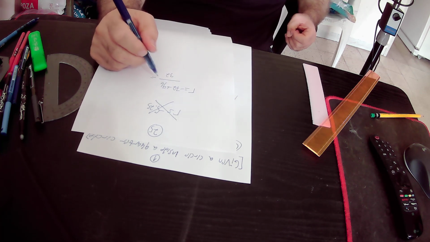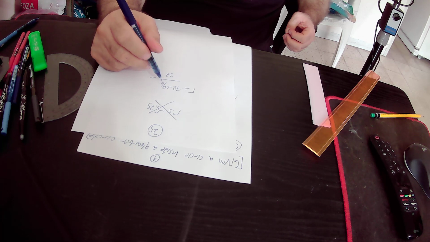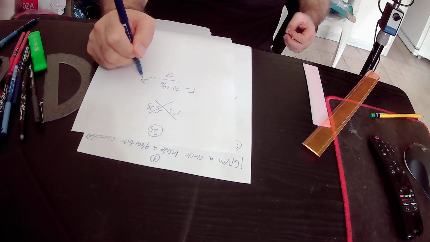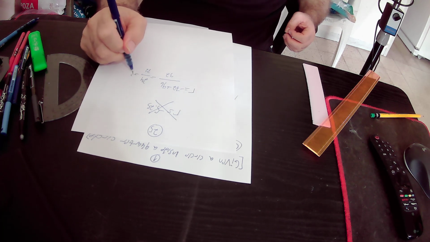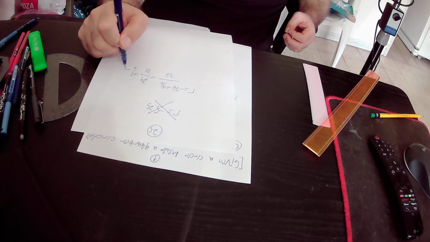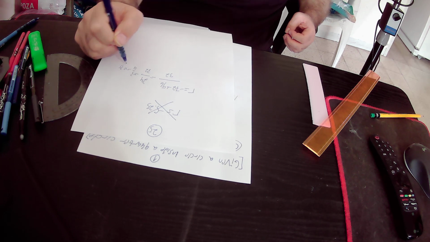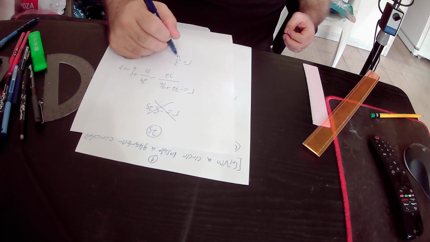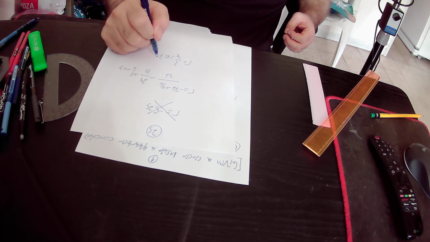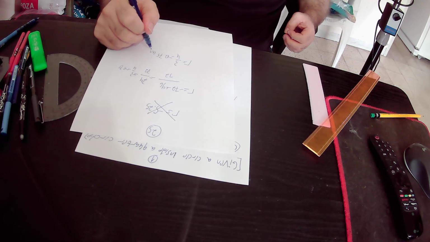Minus 72 plus 96 is 24, and 24 over 32 is 3 over 4, or 0.75. So R equals 3 over 4, or 0.75 units.